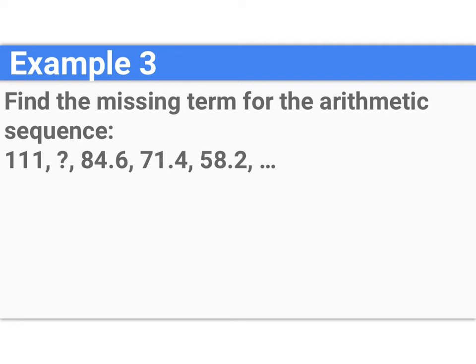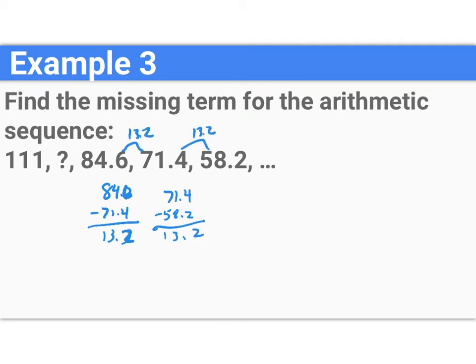So what you're going to have to do is find the difference from 84.6 minus 71.4, which gives us 13.2. And 71.4 minus 58.2 is also 13.2. So the change from here to here is 13.2. The change from here to here is 13.2.